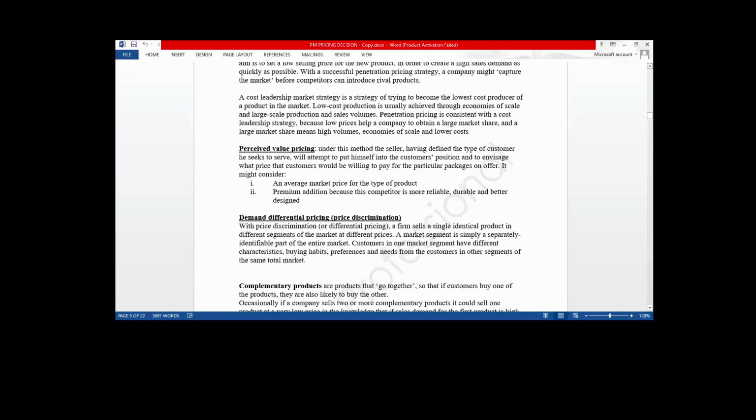That the seller is able to charge a higher price for its product because of the perceived value from that product. A good example, if you look at table water, we have different brands of table water.